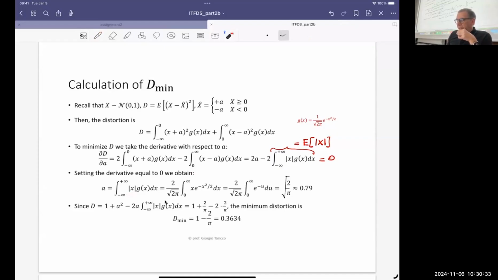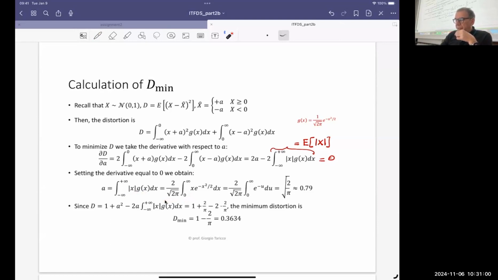We can calculate this by taking the integral from 0 to infinity and multiplying it by 2, because g of x is an even function. And so we have 2 over the square root of 2 pi times the integral from 0 to infinity of x e to the minus x squared over 2 dx.